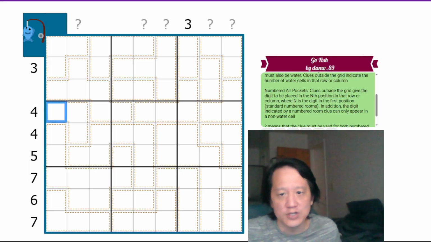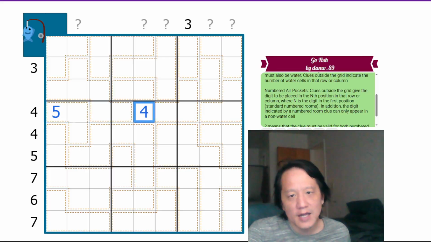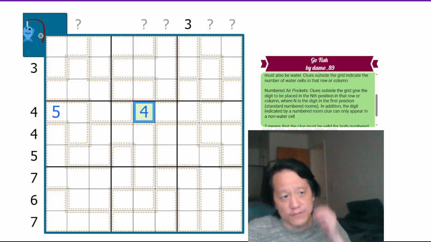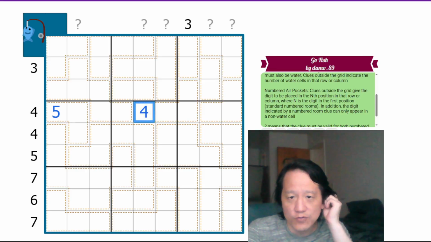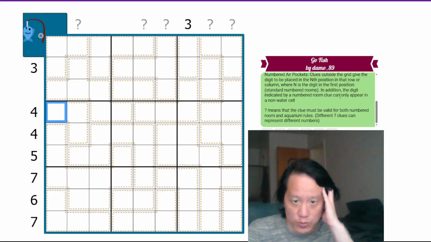So if, for example, we have a 5 here, that would mean that 4 has to be in the 5th position, and it has to be in a non-water cell. We are using green for air and blue for water. So that's how numbered air pockets work.